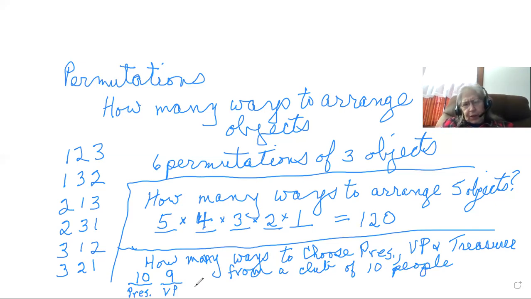And the third chair is named treasurer, and there are 8 ways to choose, and now we've chosen all that there are. That's all the offices we're dealing with. And so we'll end up with 8 times 9 is 72, times 10 is 720 ways.